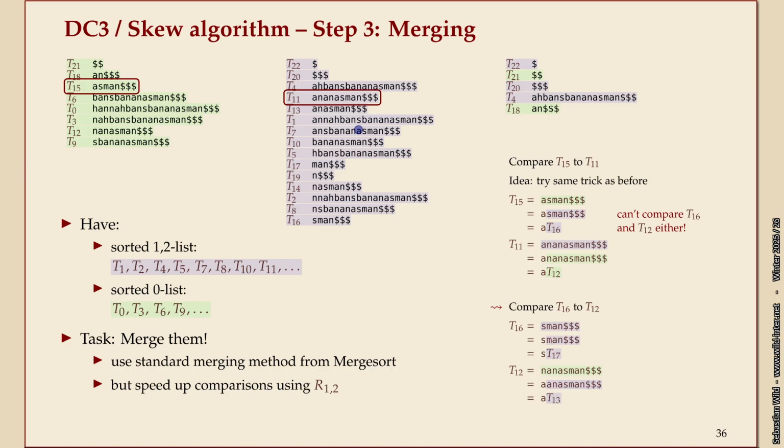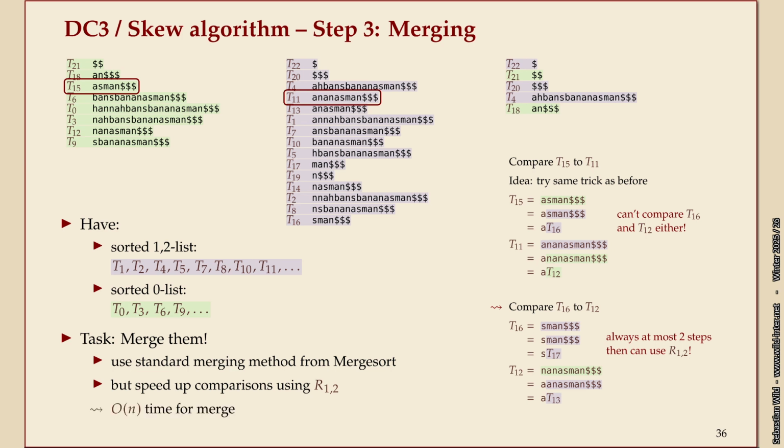So again, the trick is you're trying to compare something where you can't use the rank arrays directly. But if you split off either 1 or 2 characters, depending on what the starting index is, you're guaranteed to find 2 blue suffixes for which you do have the ranks, and then it stops. So in this case, you need 2, but that's already the worst case.